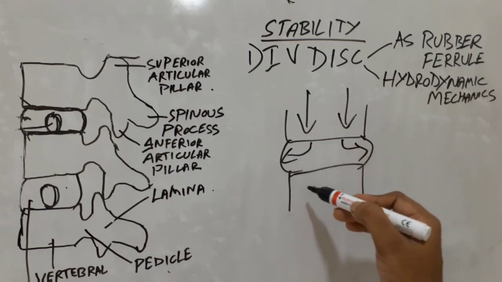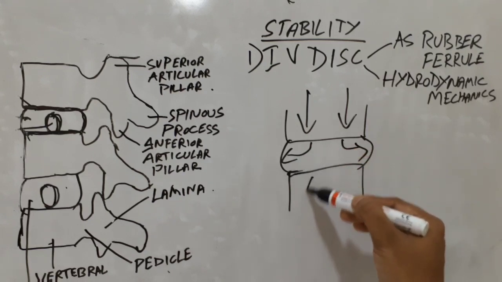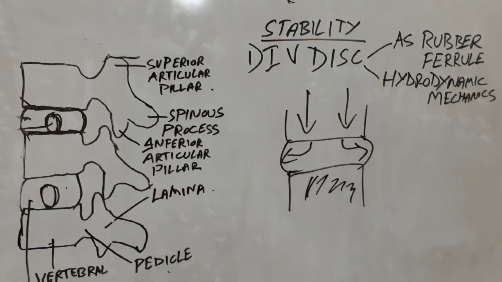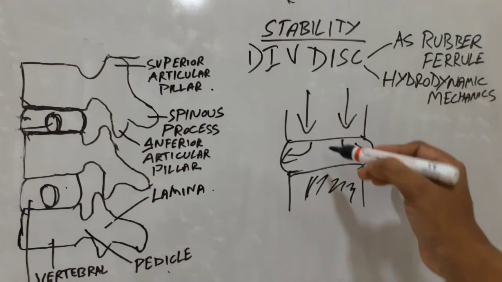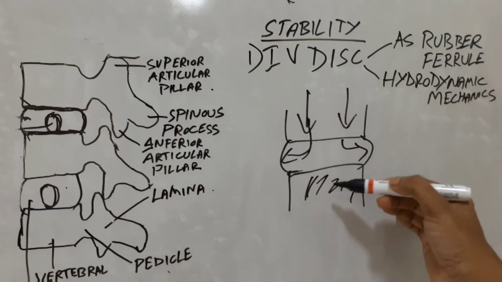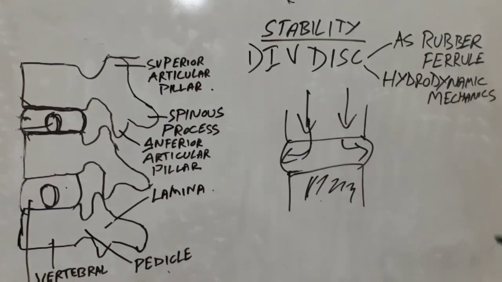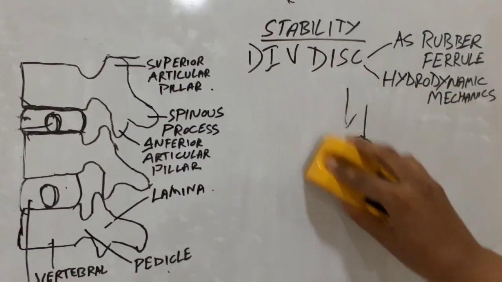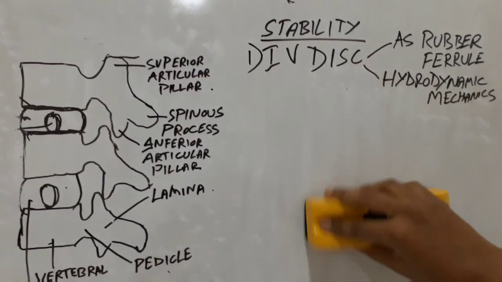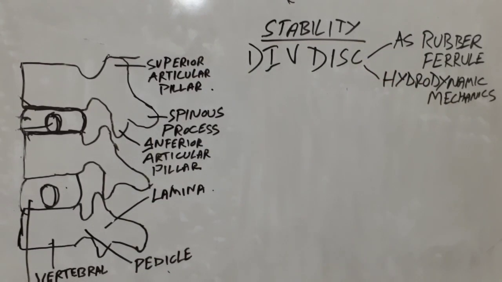There will be a radial expansion, thus there is less force on the lower vertebra. How does this help? There is less force on the vertebra below. That means it can hold more, it can hold up better. So it improves the stability. So this is how hydrodynamics helps in taking more load, thus avoiding degeneration and becoming more stable.